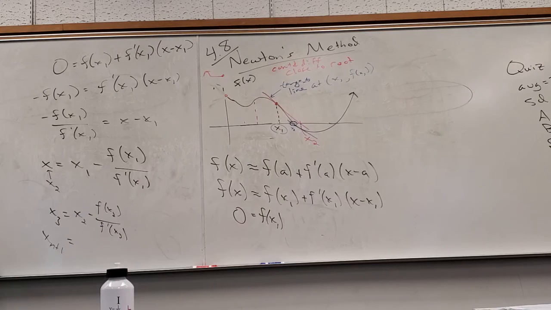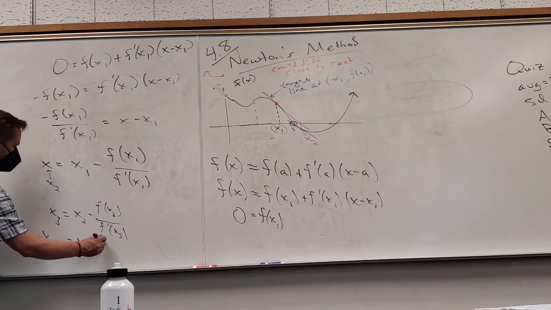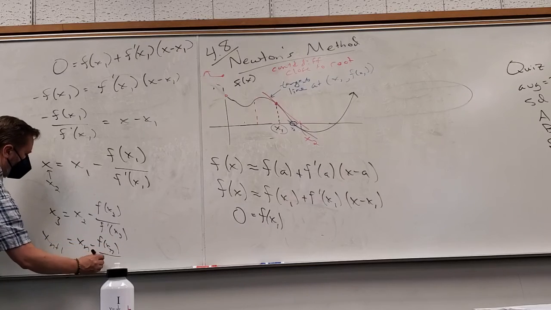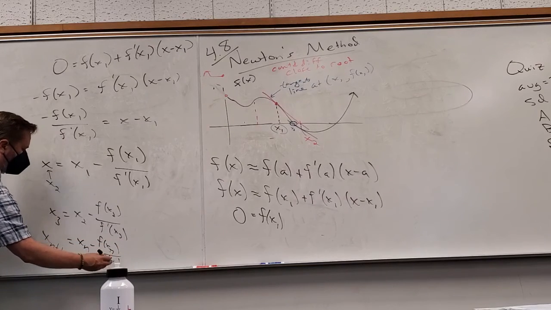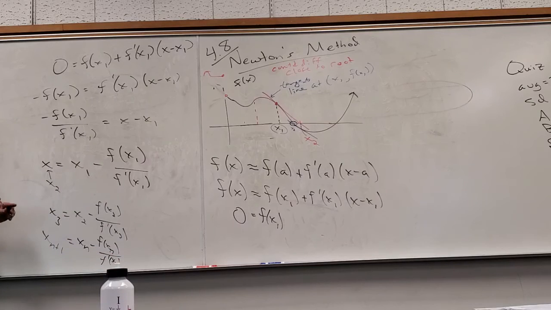The n plus 1th guess. xn minus f of xn over f prime of xn. This is the algorithm. So we can put this in the calculator in a certain form and then just make it do it over and over and over again, right?